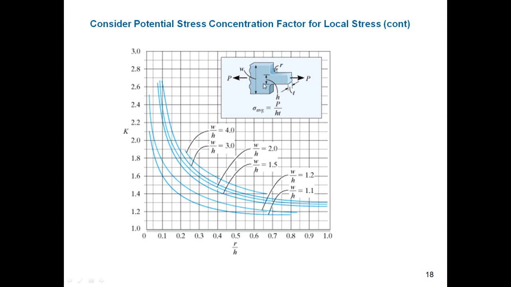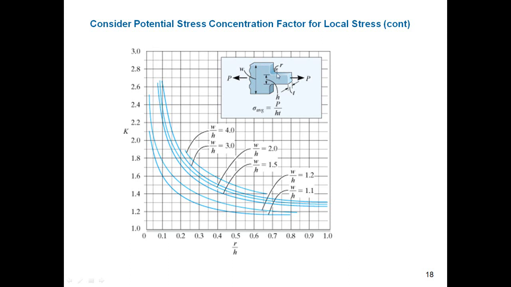So taking a look at all these parameters, we have a family of curves. And what this is showing me is that as that radius of curvature becomes smaller and smaller, in other words, in the limit as it goes to like a perpendicular corner, these curves turn into hyperbolic type curves.